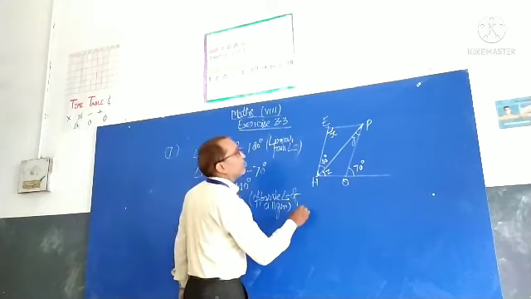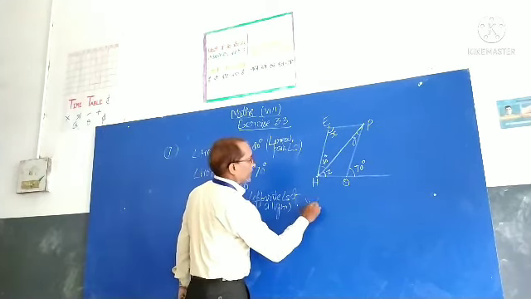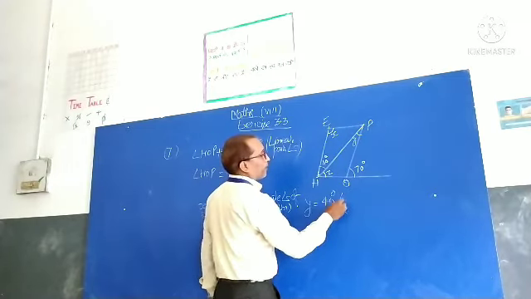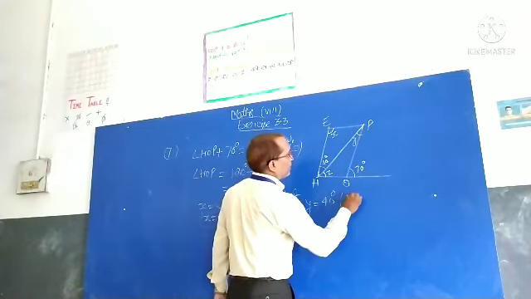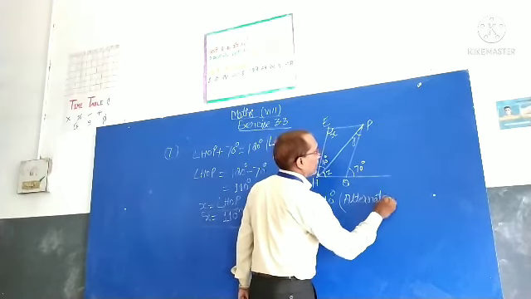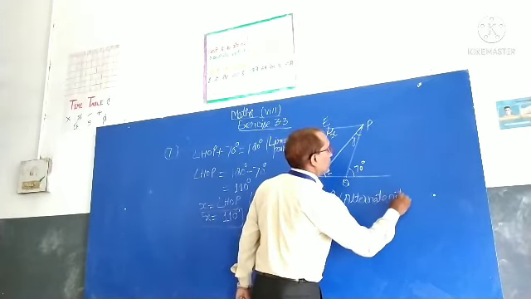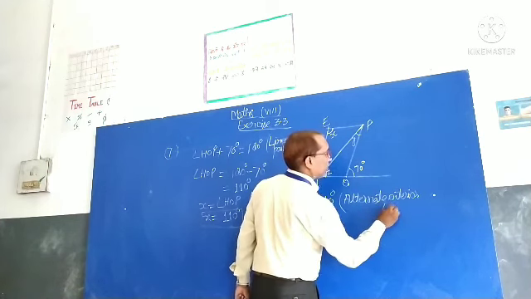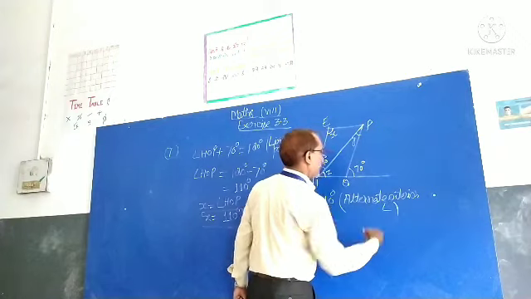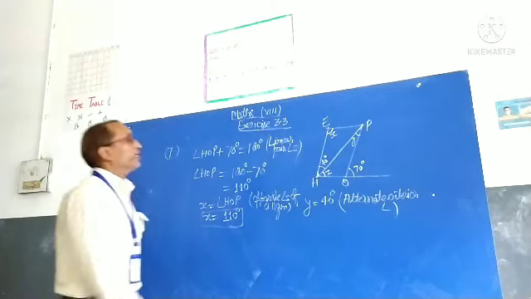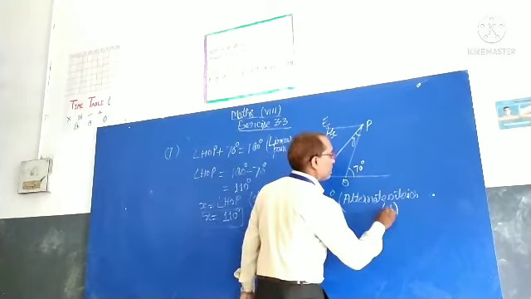You write down y is equal to 40 degrees by the property alternate interior angle.